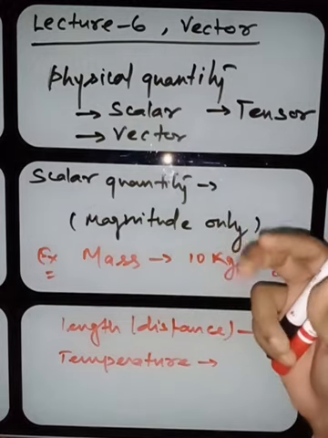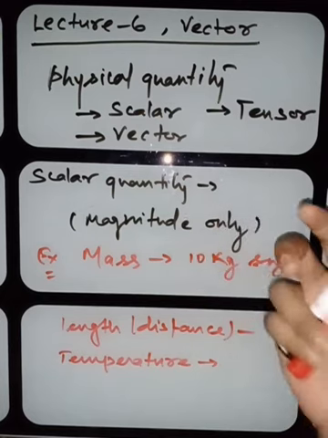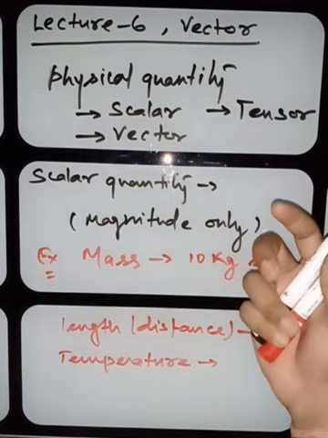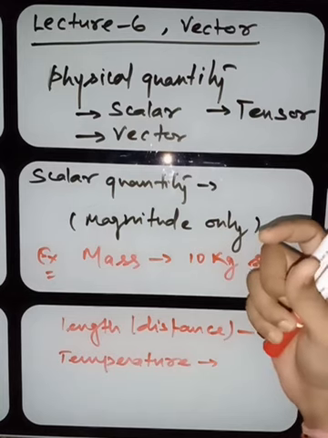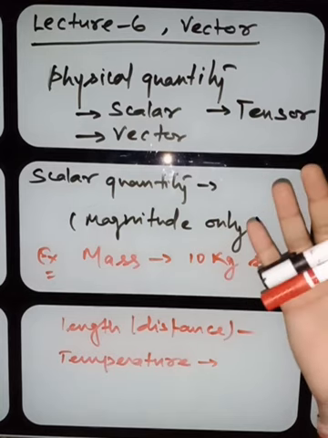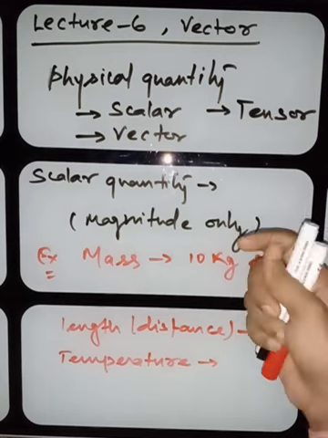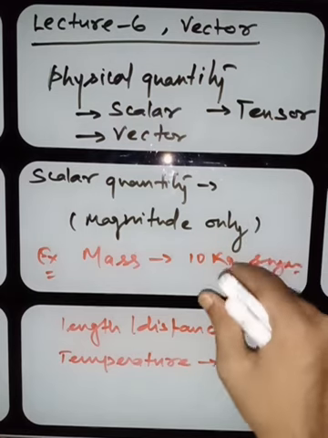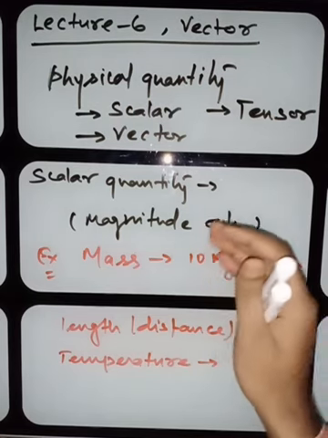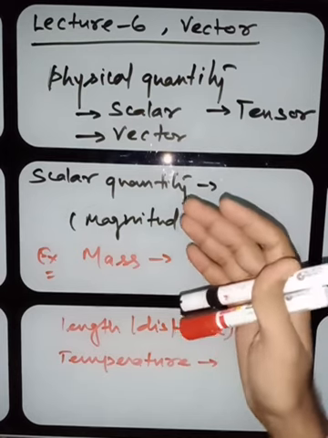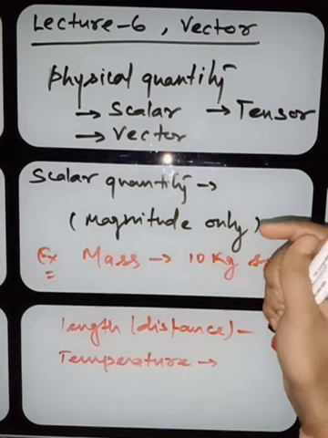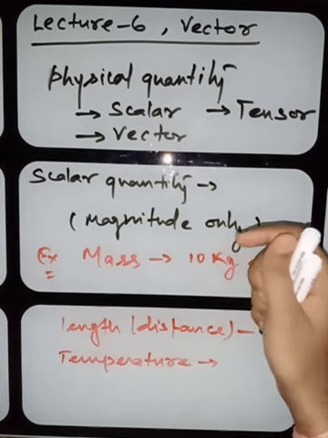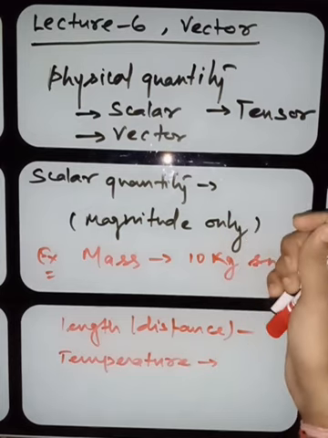We never give the direction. It is not 36 degrees Celsius in rightward, or 36 degrees Celsius in downward direction. No, never. So whenever you specify the quantity without specifying any particular direction for any physical quantity, then it is considered a scalar quantity.